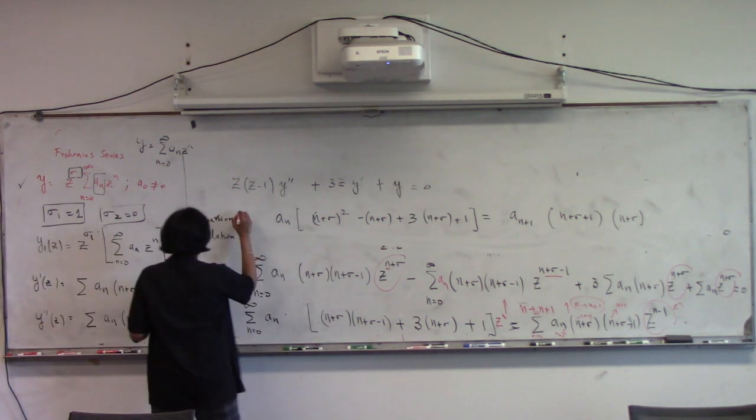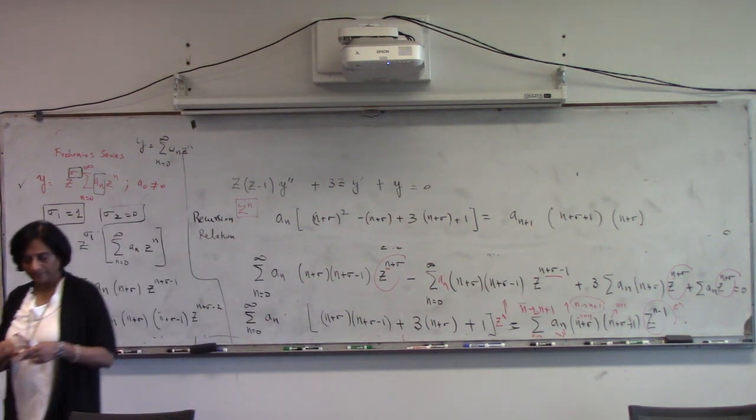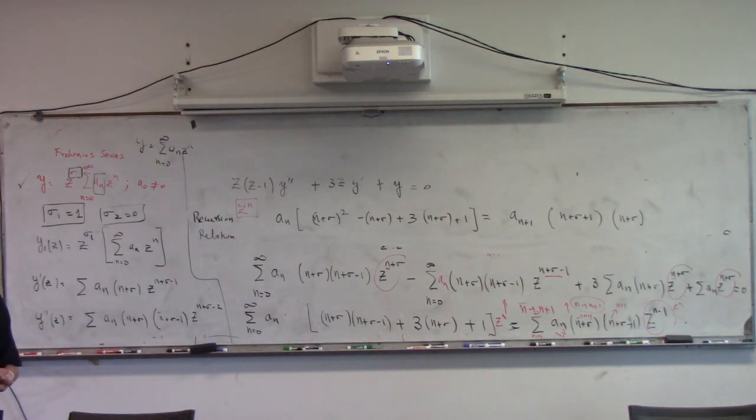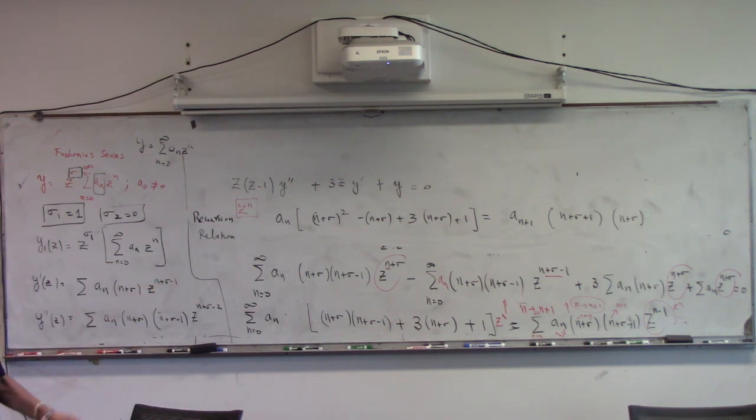So what happens if you don't satisfy that relationship? No, that is an equality, right? It has to be satisfied for each power of z. For the same power of z, the coefficients multiplying z have to be the same. That's what the relationship means.